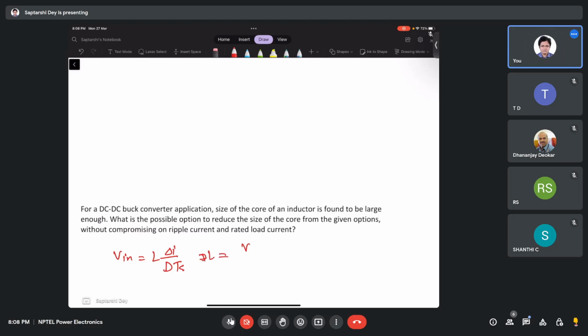So L is V in times D by frequency times delta I. I cannot touch this, I cannot touch output voltage. So the only way to reduce the inductor size is to increase the frequency. If I increase frequency, L will reduce.